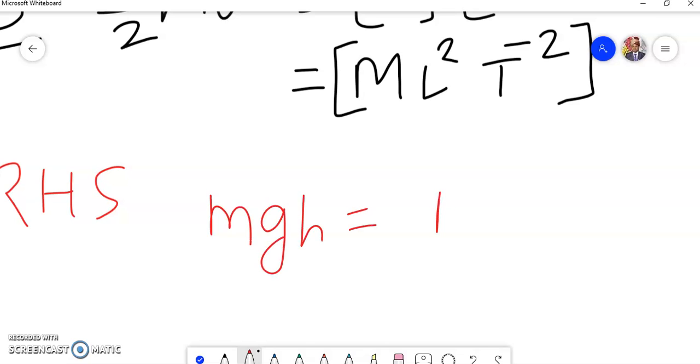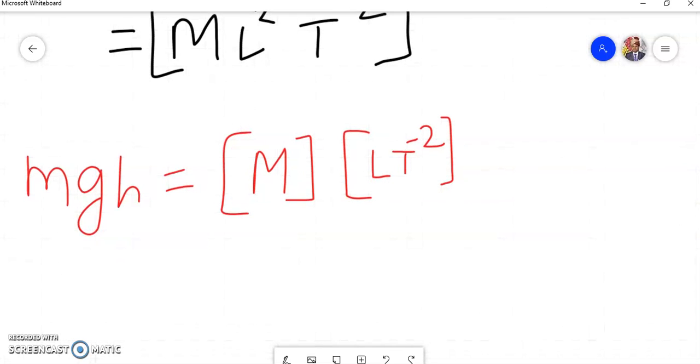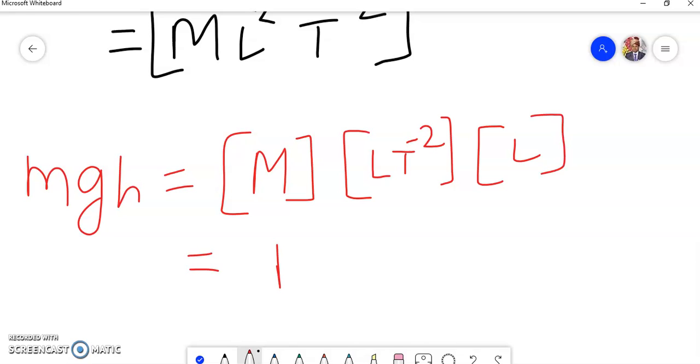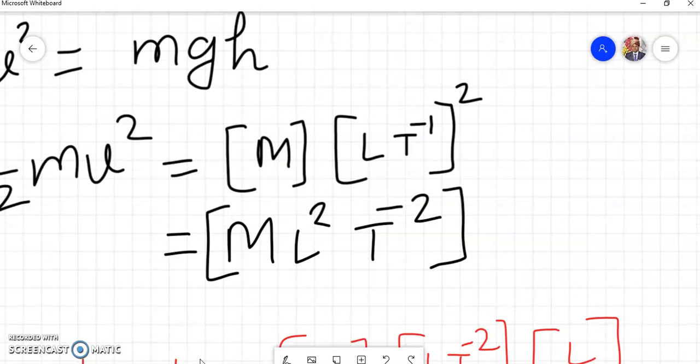This M is again M, and you know this g. g is again the acceleration due to gravity, which can be written as LT minus 2, and this h is again the distance or length, which is L. So you can see you got ML2 T minus 2. So both the LHS and the RHS are equal.